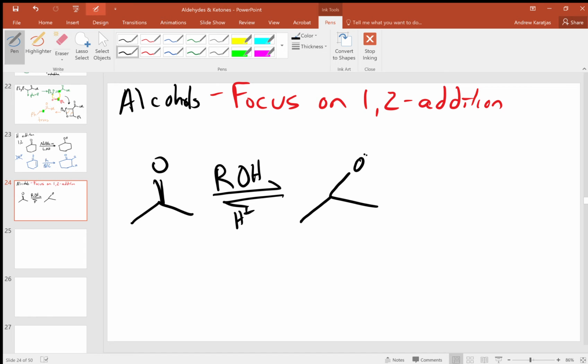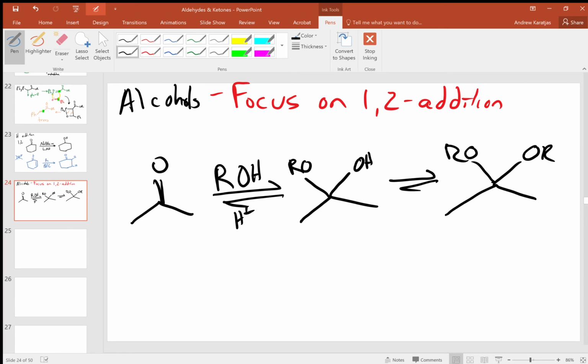We can get one addition of the alcohol that gives us a product like this, or we can end up with a second addition, such as that. And which one we get all depends on the reaction conditions.